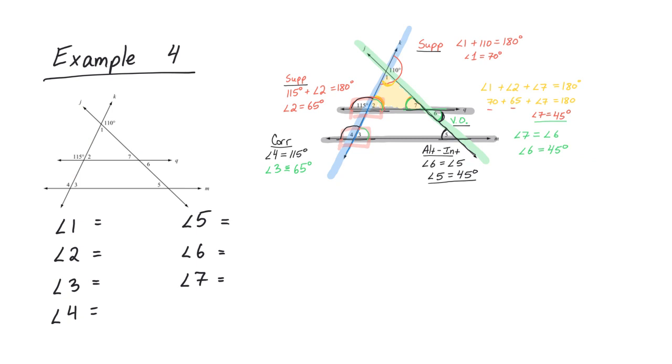So for our final answers, we have that angle 1 is 70 degrees, angle 2 is 65, angle 3 is also 65, angle 4 is 115, angle 5 is 45 degrees, and it's the same for angle 6 and the same for angle 7.